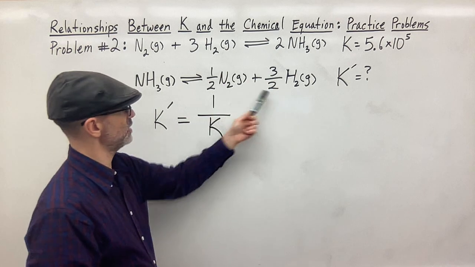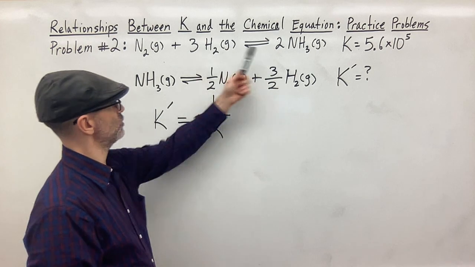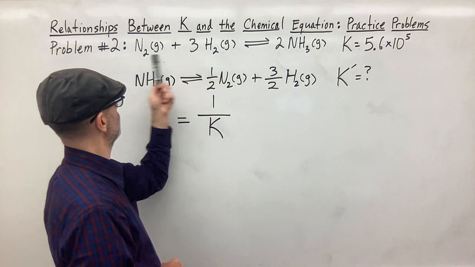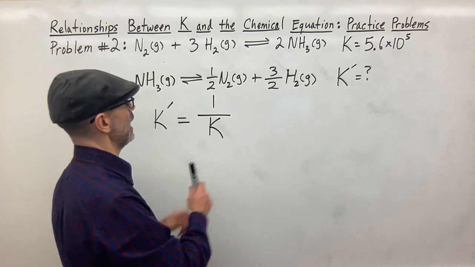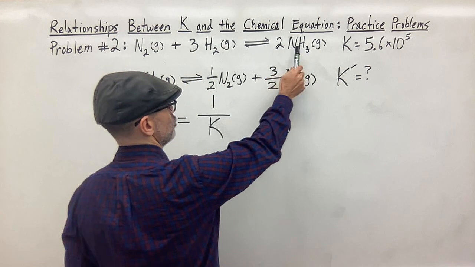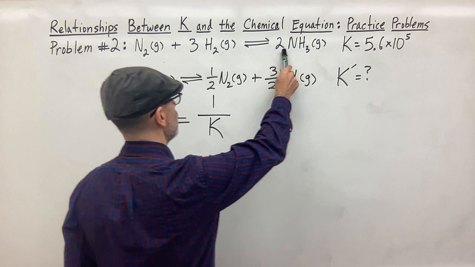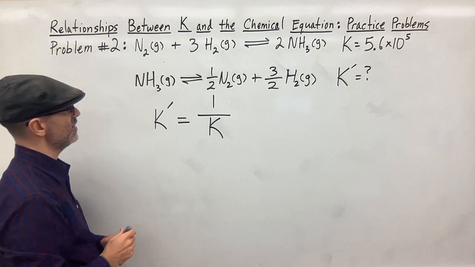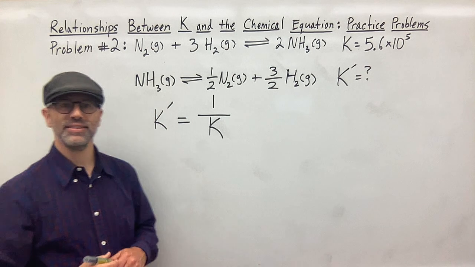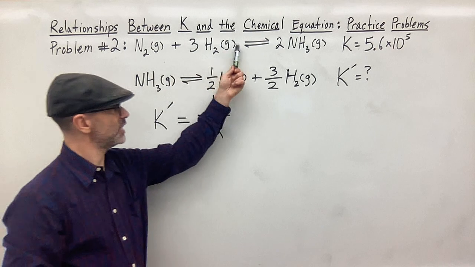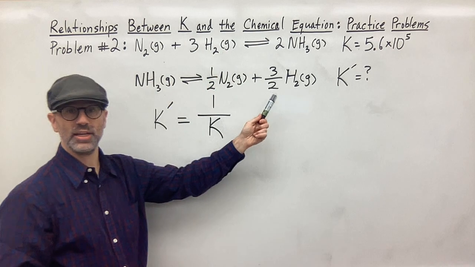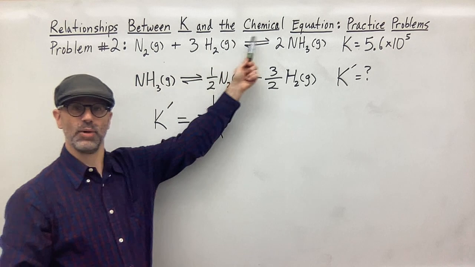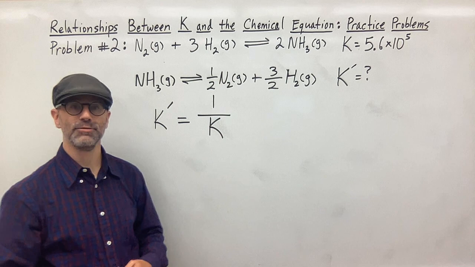So both of these have been divided by 2, and this one has also been divided by 2, because 2 divided by 2 is 1, and that's what we have here. So to get from this equation to this equation, I have to multiply it by 1/2.